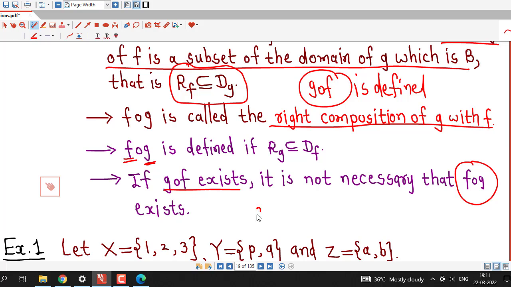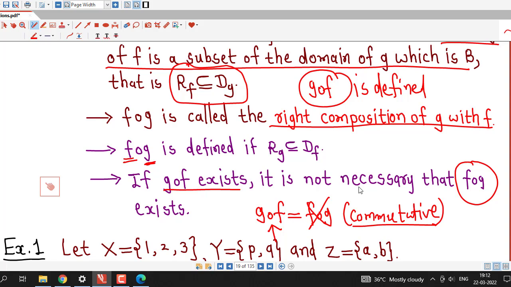So remember that it is not valid that g of f and f of g both exist and both are equal. This commutative property is not satisfied for this operation, because sometimes one is defined but the other is not. And sometimes they both are defined but they might be different. So commutative property is not satisfied for composition operation.